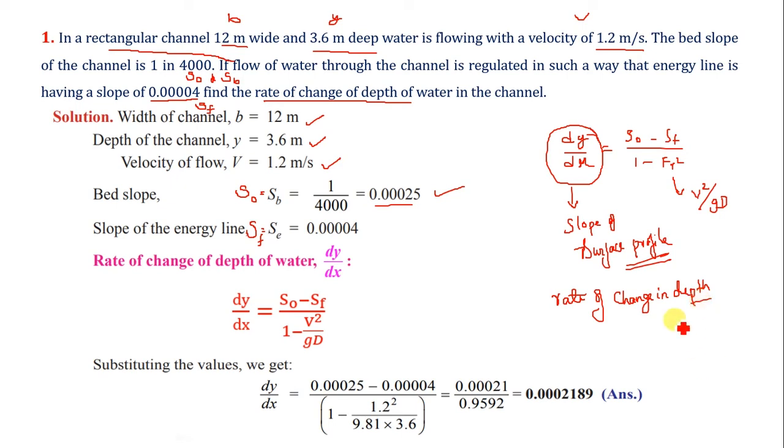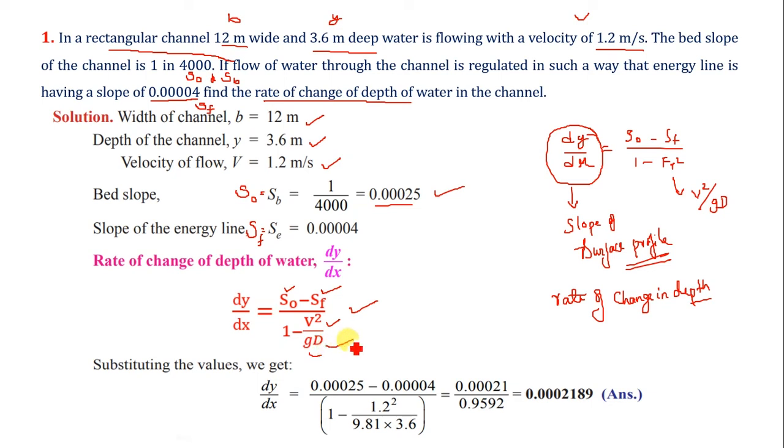So dy/dx. You just need to find out what is dy/dx. This is the formula: S naught minus Sf divided by 1 minus V square by gD. S naught and Sf are given in the question, so substitute them. V is 1.2 meter per second, g is 9.81 meter per second square.